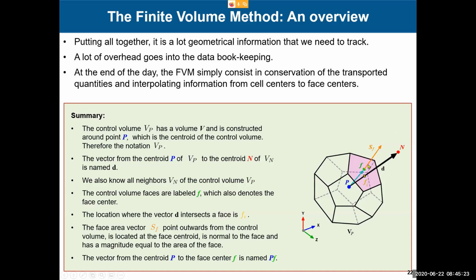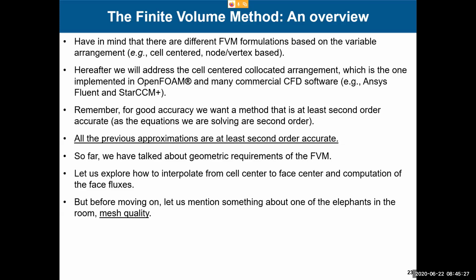We know the normals to the faces, okay? As I mentioned, there are different formulations for the variable arrangement: cell-centered and node-vertex formulations. In OpenFOAM, we have the collocated arrangement, which is also the one used in most commercial software. As I mentioned, every approximation that I introduced previously is second order accurate.